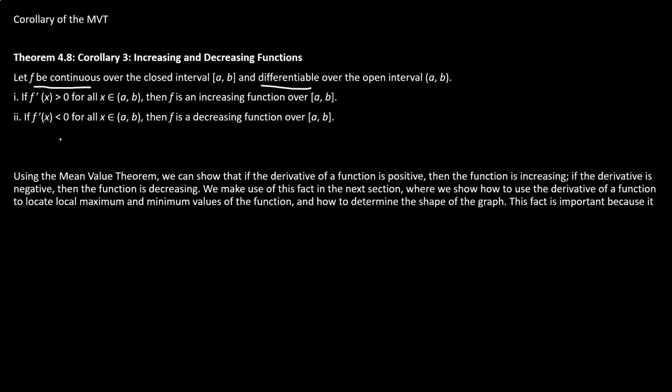That polynomial of degree 4 doesn't really have a slope, but the derivative is going to be either positive or negative, and we can use that to decide where the function increases and where the function decreases. So we're going to use the mean value theorem to show where the derivative is positive and where the derivative is negative, and then we can use that to classify maximums and minimums of a function, and that's what we're going to see in the next section.